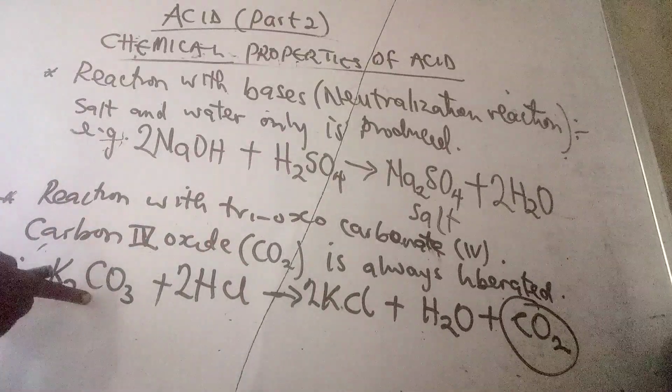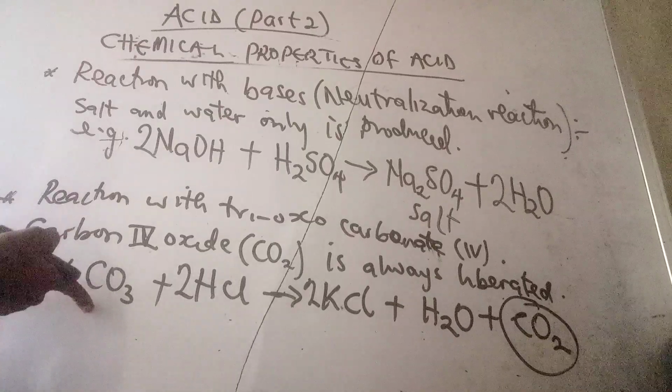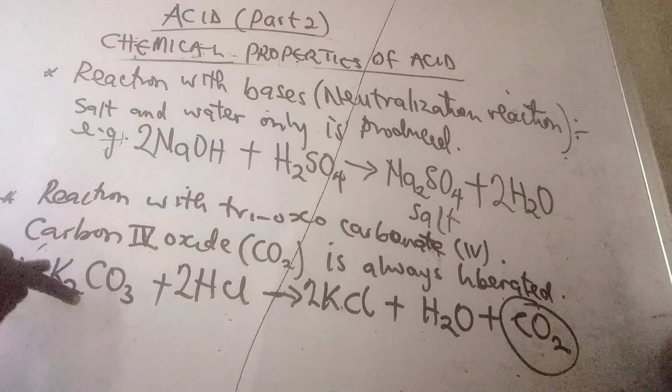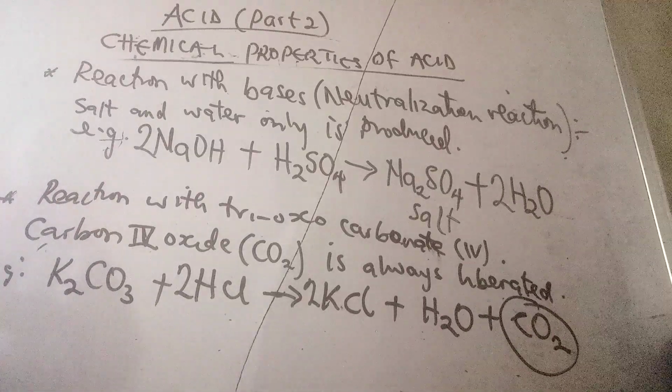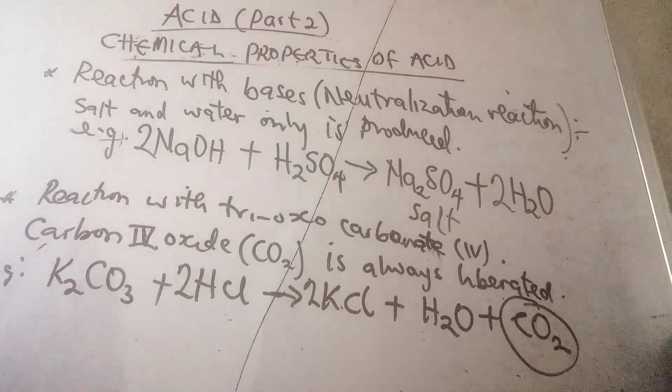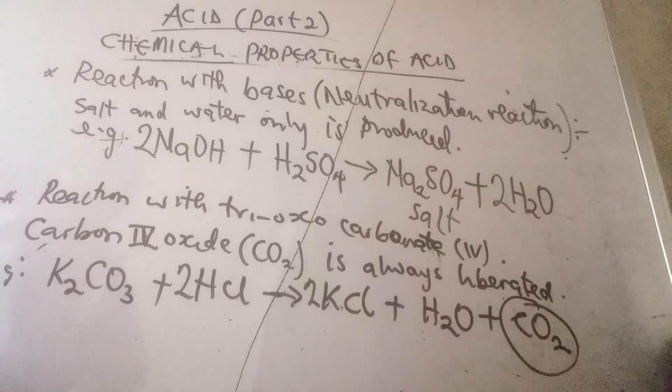But this has dual purposes. It can serve as a base and as well as a salt. Potassium trioxocarbonate 4, sodium trioxocarbonate 4, both of them can function as a base and as well as a salt. These are the 3 characteristic properties of an acid.